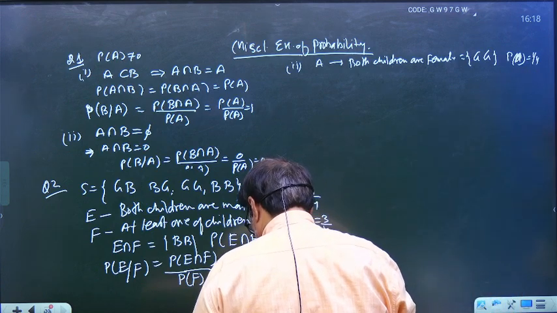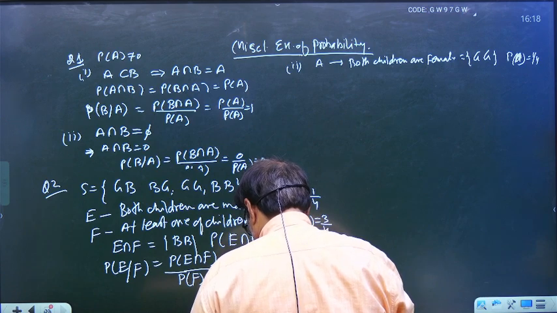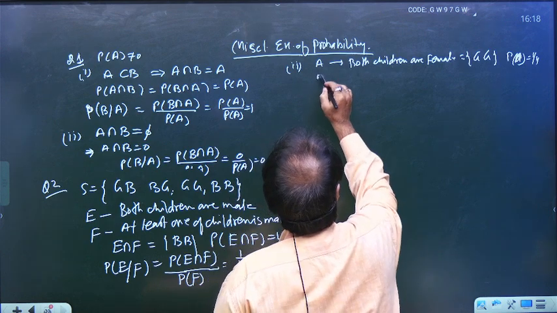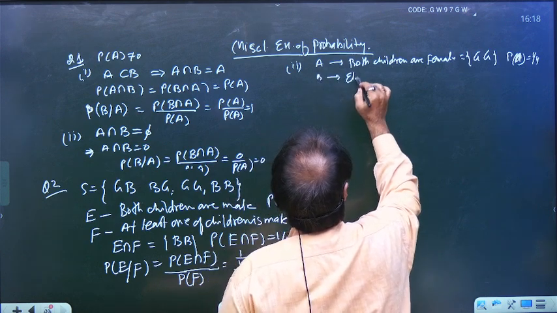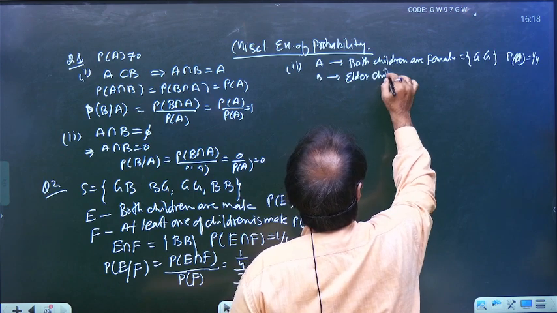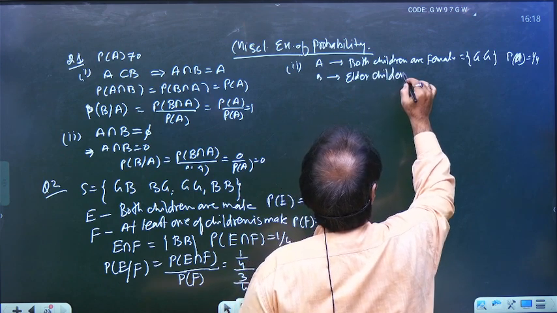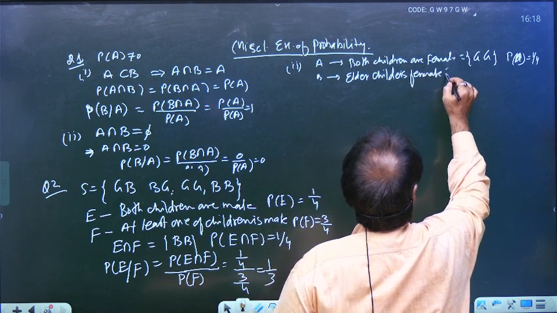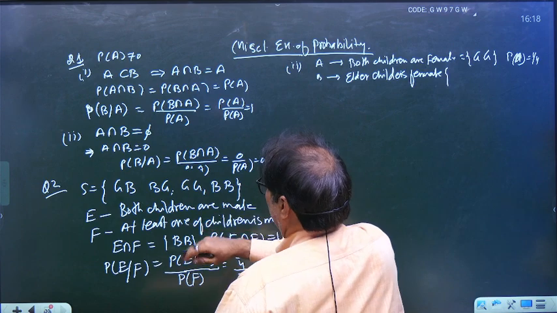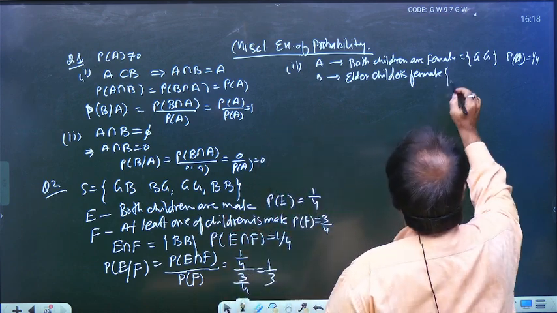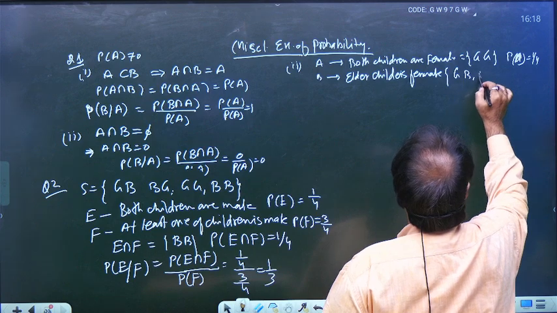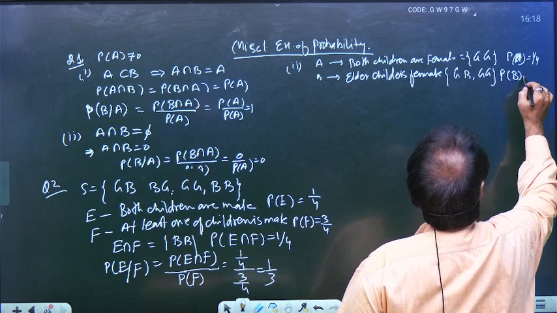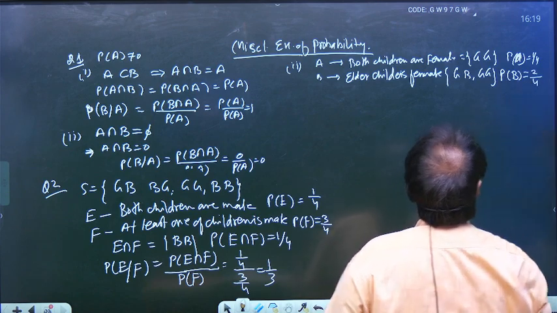And what we have to find? Let B be the event that the elder child is female. Elder child is female means GB and GG, so probability of B is equal to 2 by 4.